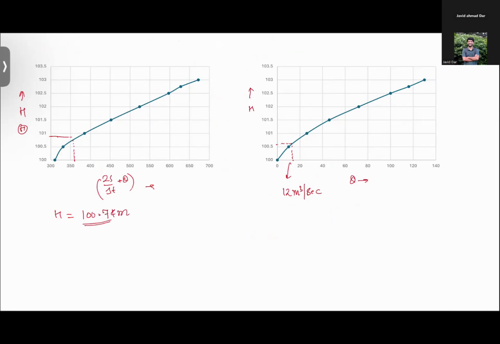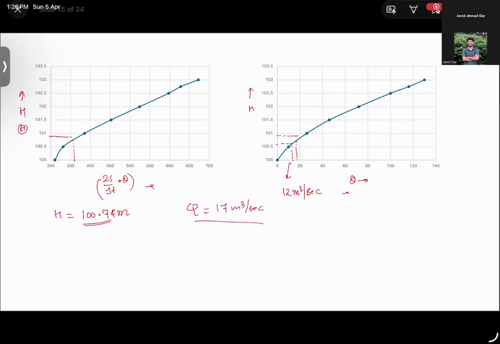Once you have calculated H, you go to the second plot, and 100.74 is roughly here, and this will be your discharge. This comes out to be around 70 meter cube per second.